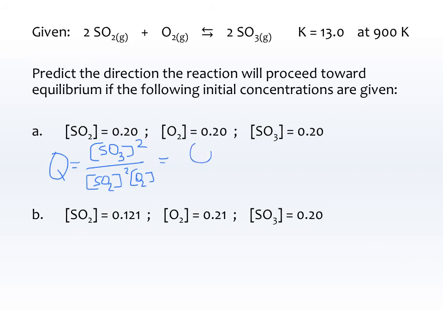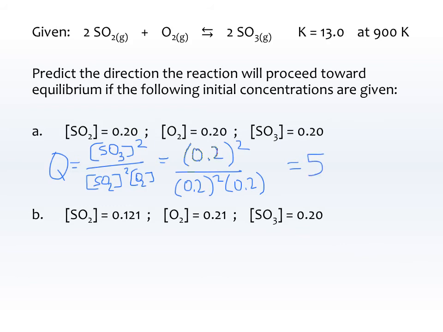SO3 is 0.2 squared. SO2 is 0.2, also squared, times 0.2. Well, that makes life simple. So 0.2 squared divided by 0.2 squared times 0.2 is 5.